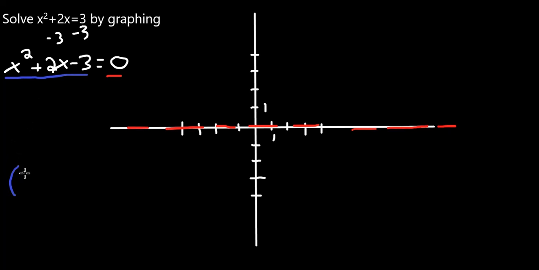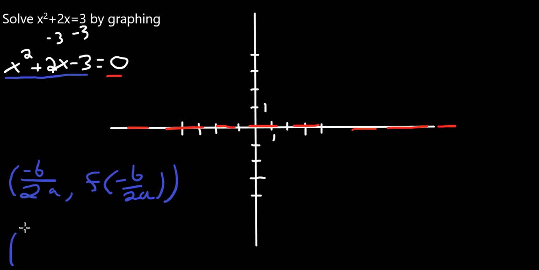So the vertex is going to be negative b divided by 2a, and then f of negative b over 2a. We don't see f of x here, but basically it's going to be the y value when we plug in negative b over 2a. So b is 2, so it'll be negative 2 divided by 2a, which is 2 times 1, and that simplifies to negative 1, and then f of negative 1.